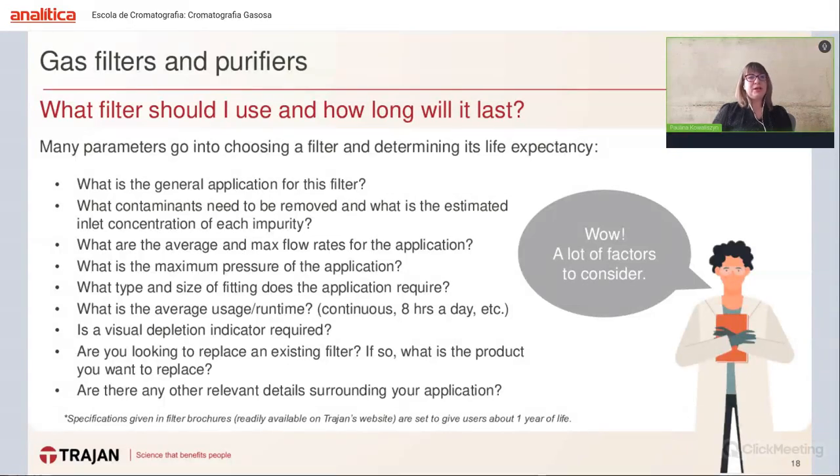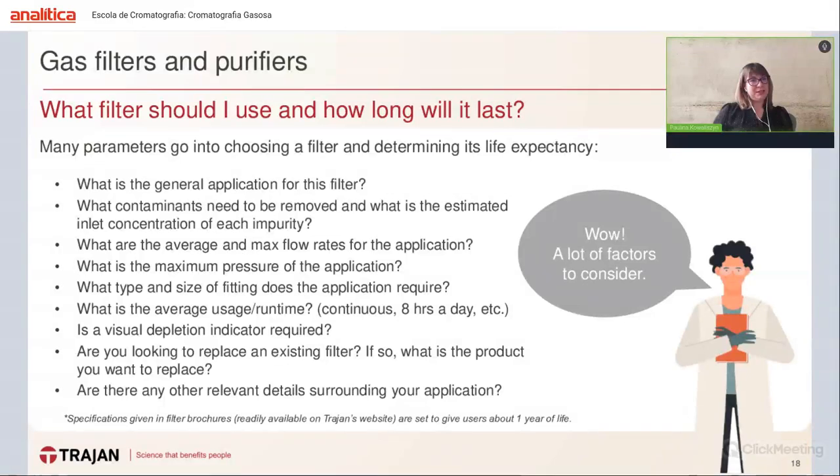How long our filter will be used, if it's 8 hours a day or continuous use. If we would prefer to have the depletion indicator, as I've mentioned earlier, if we would like to have either an inline system or cartridge system.